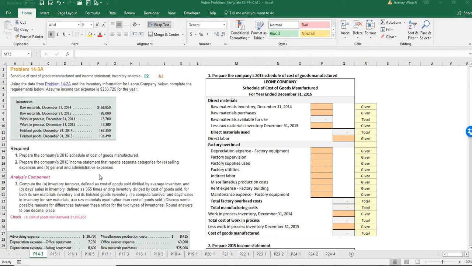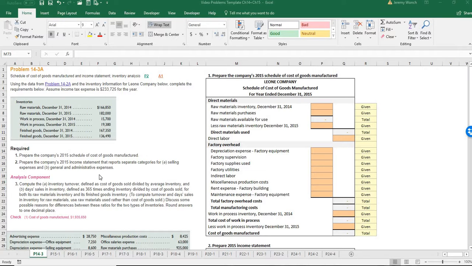In this first chapter, we're going to talk about cost of goods manufactured, and we're going to be dealing with two things: cost of goods manufactured and cost of goods sold. In financial accounting, cost of goods sold was a big part of what we calculated to put together an income statement.